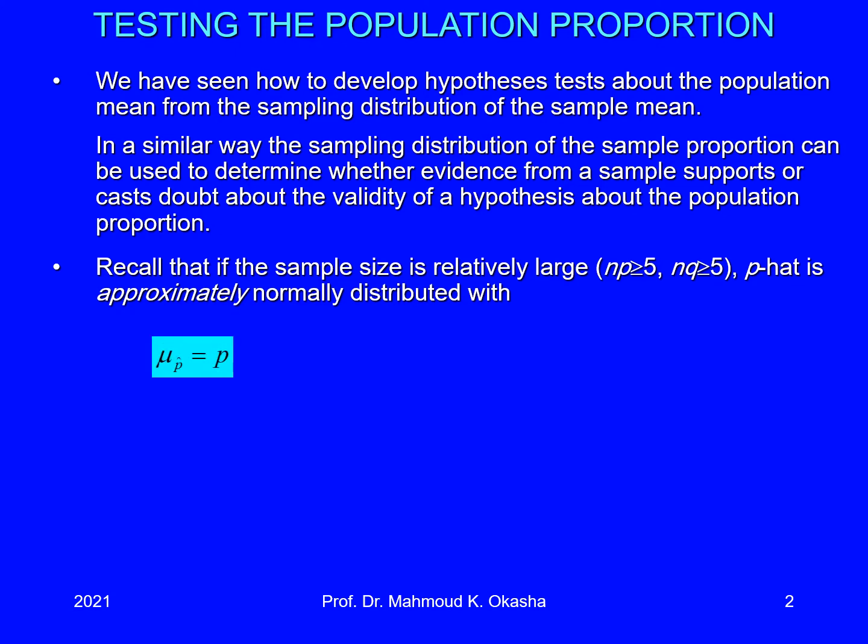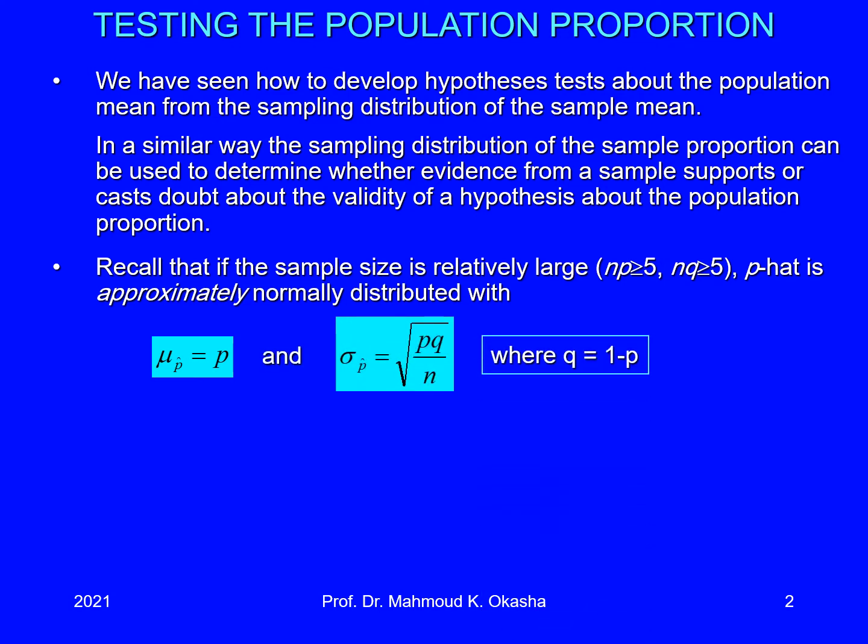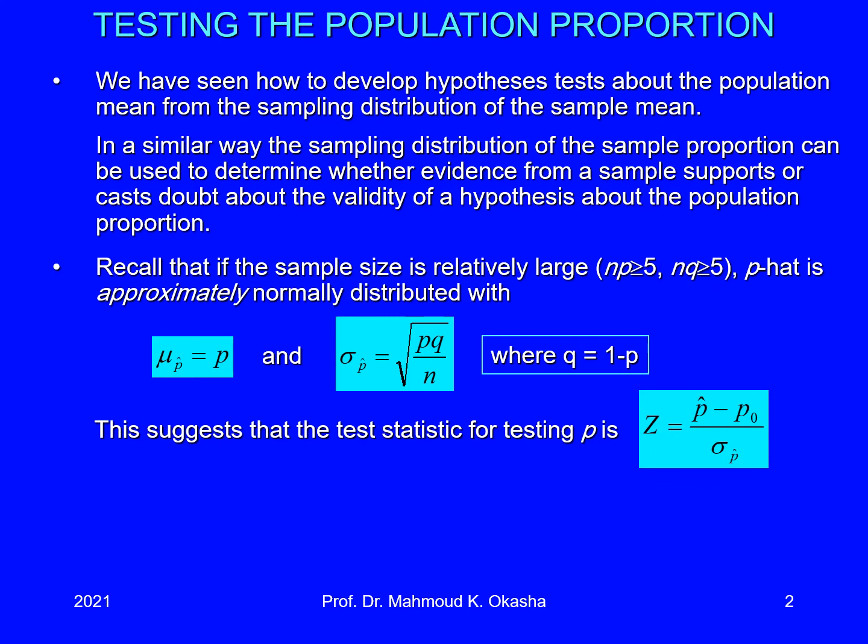So we can write down the sampling distribution of p hat, the sample proportion, as normal with mean mu of p hat equals p, and standard error equal to the square root of p times q over n, where q is 1 minus p.